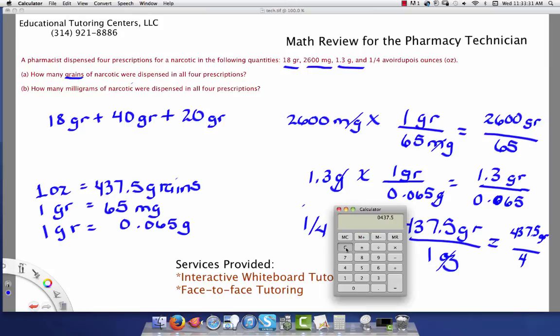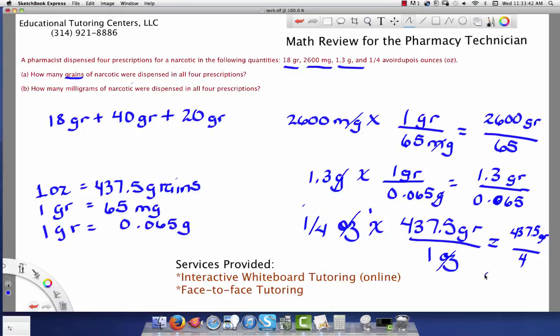I'm going to take 437.5 and divide that by 4, and I get approximately 109, rounding to 109.4, and that's grains. Okay, so here I had 1, 2, 3, and then this fourth one is 109.4 grains.